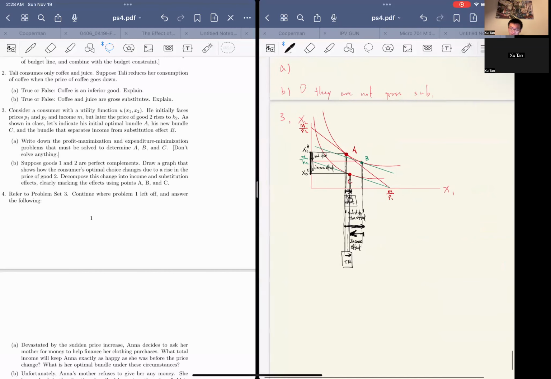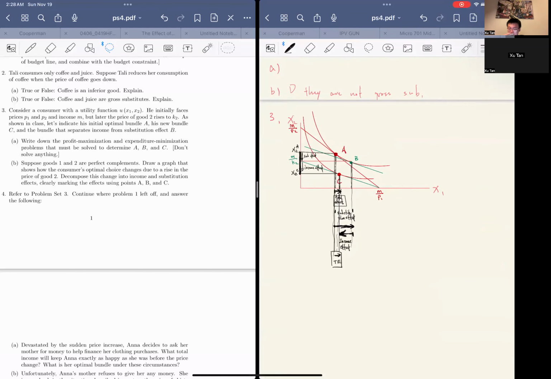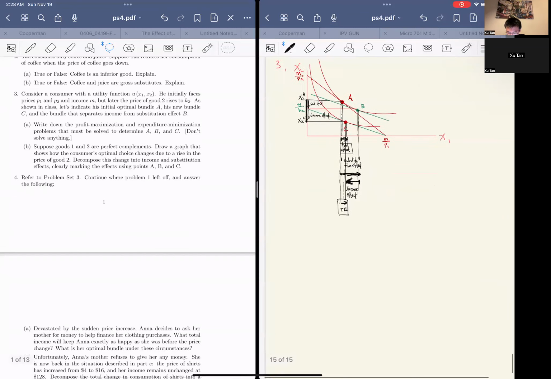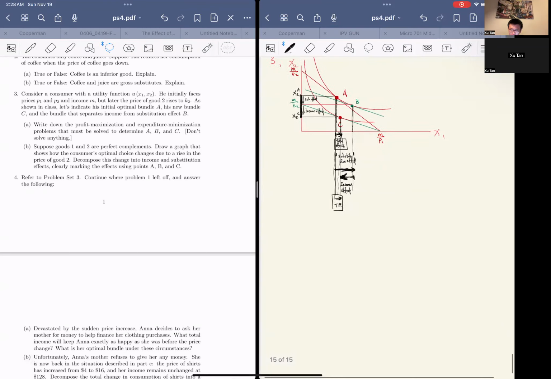Okay, so we have this really rough graph and intuition of what substitution effects and income effects are, and how they mechanically work in the graph. Now let's try to solve question 3.